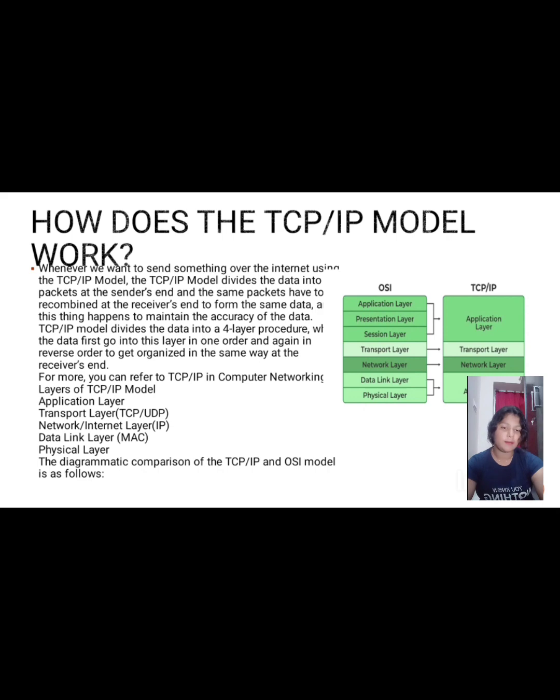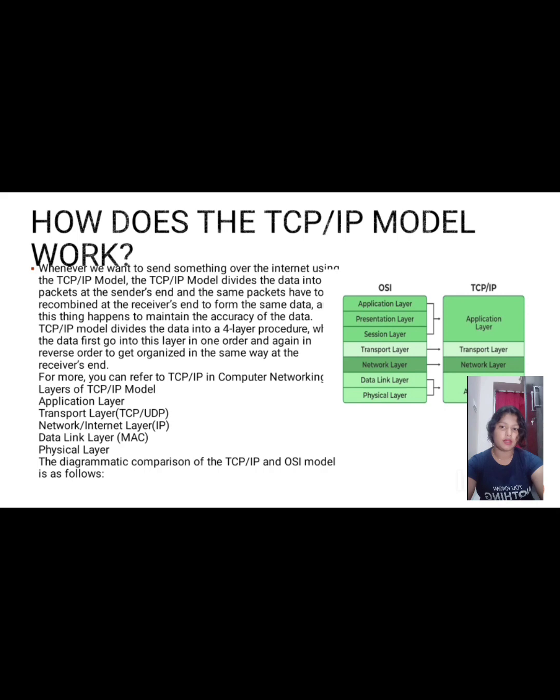Here in the OSI model we have the application layer, presentation layer, session layer, transport layer, network layer, data link layer and physical layer. In the TCP/IP model, we have the application layer, transport layer, network layer and network access layer. In both we have a transport layer, which makes the communication between the sender and the receiver.